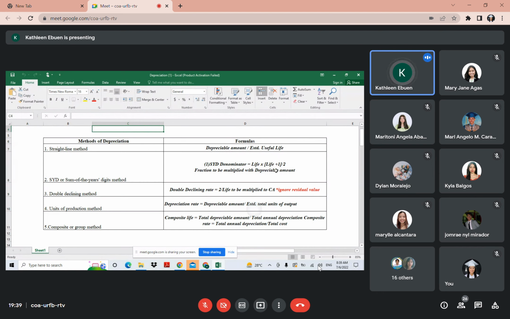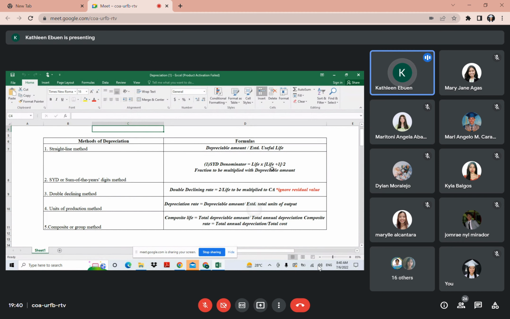So yan yung denominator. So sa first year po na depreciation, ang fraction po natin is 5 over 15 times the depreciable amount. And then sa second year, 4 over 15 times depreciable amount, and then 3 over 15, 2 over 15, and 1 over 15 times depreciable amount.